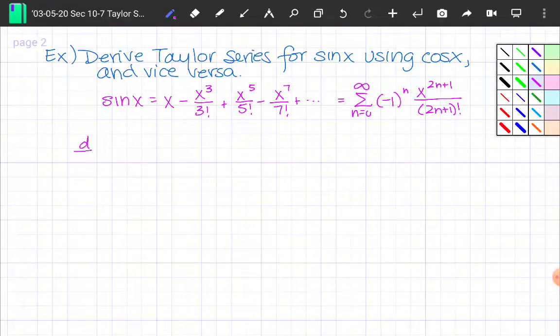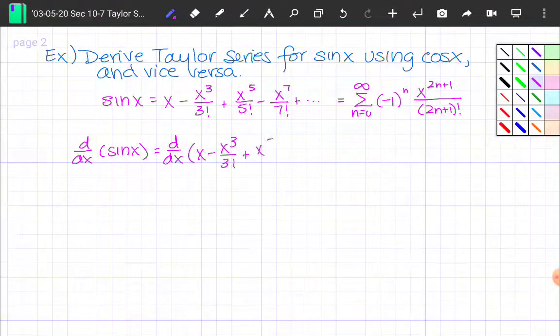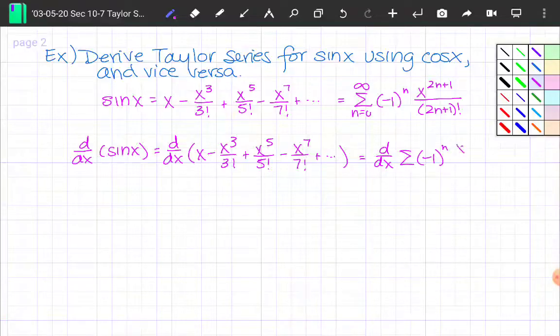I take the derivative of sine x, which means I can take the derivative of every single one of these terms. Which means I can also take the derivative of this series, which is really what I'm doing.